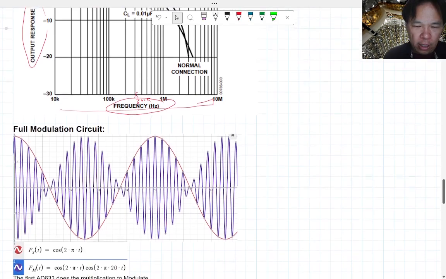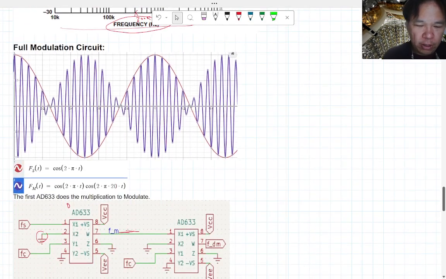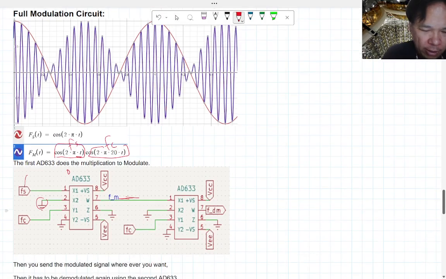Okay, so how do we do modulation with this particular chip? Remember, the goal is that we want to multiply our signal with our carrier. To multiply your signal with your carrier, you put the signal and the carrier as input on the left-hand side of the chip.